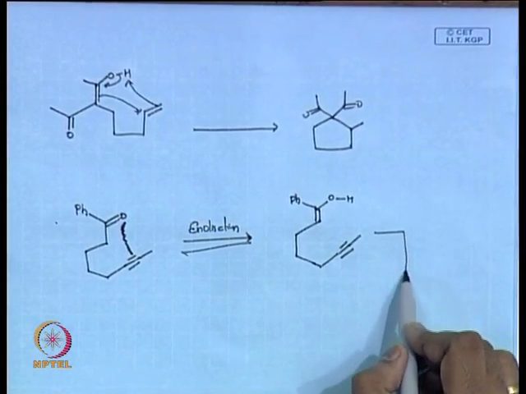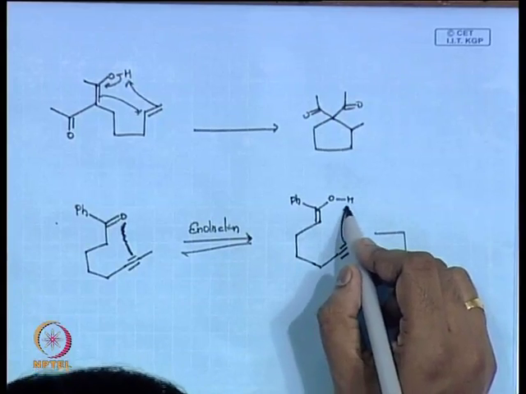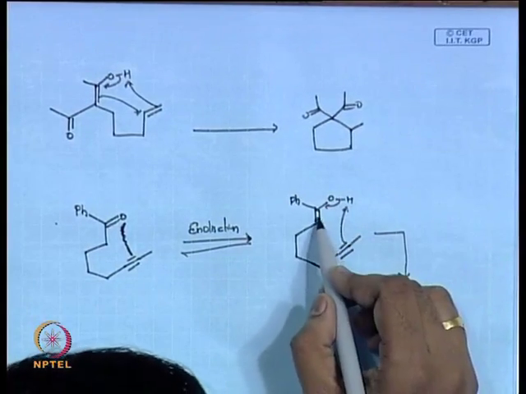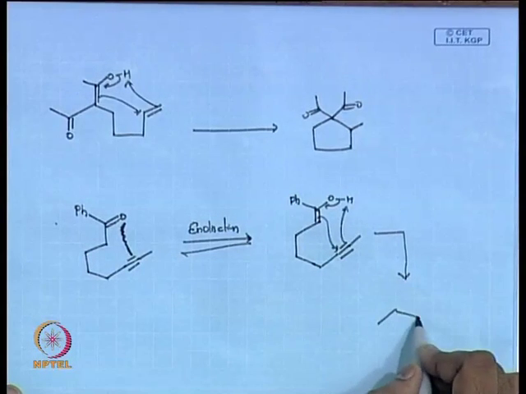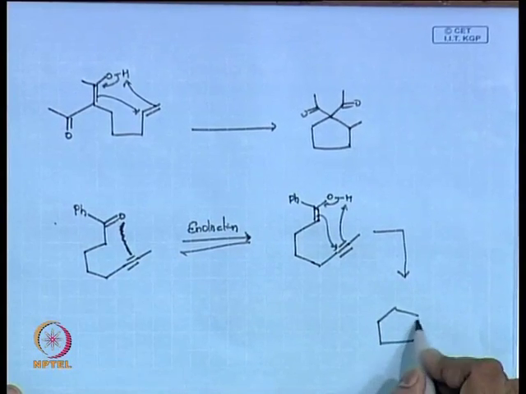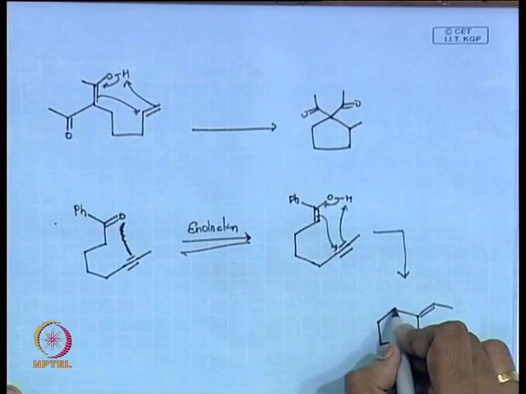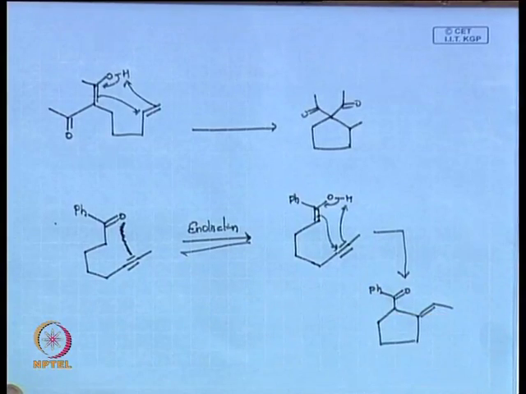Once you are done with your enolization, then you can always figure it out. You can see your double bond outside, ketone and phenyl.